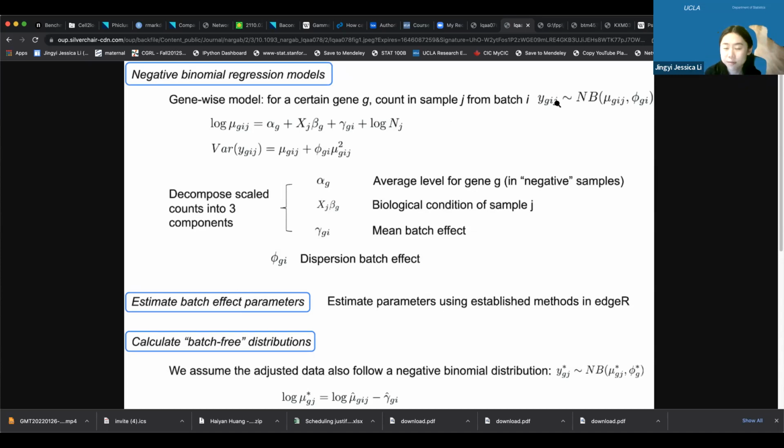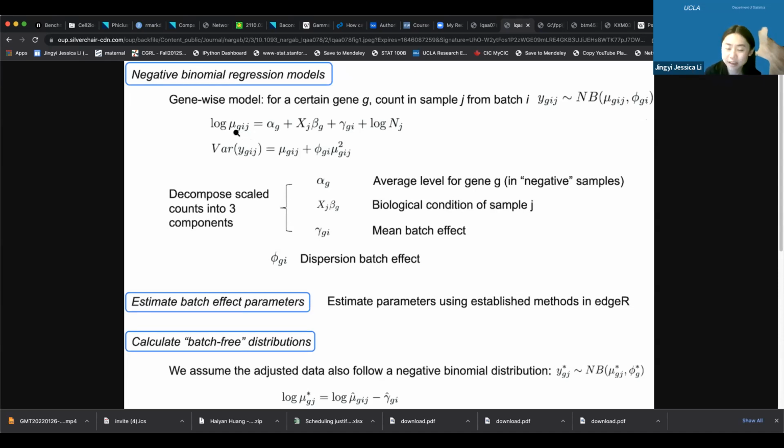Okay, so in this case, this is their model. This is the negative binomial mean. This is the dispersion. And you can see that the batch effect is both in the mean, batch I is here, and also the dispersion. So what they try to do is use this regression model called the generalized linear model.